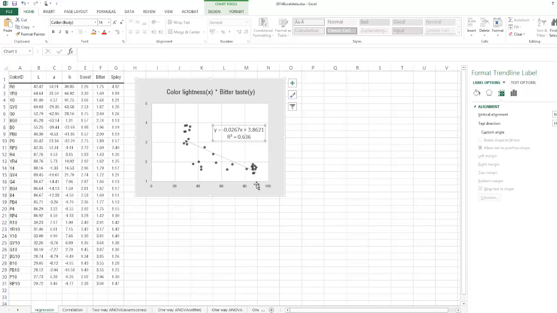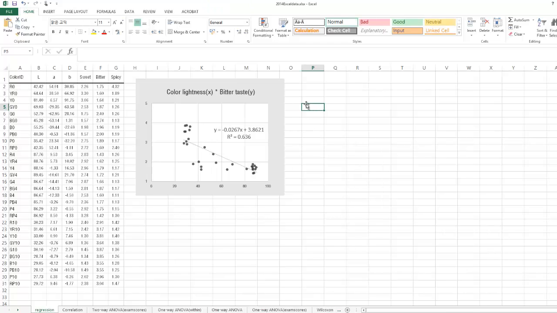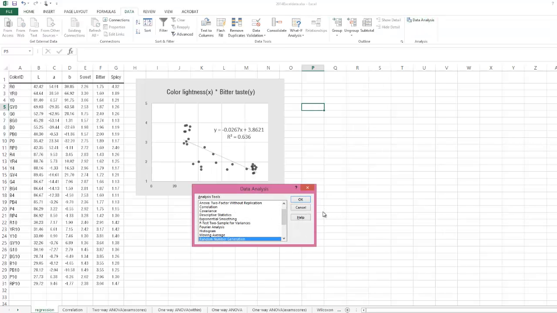Therefore, based on this result, we can conclude that this trend line or this regression line has the ability of explaining approximately 64% of the data spread. In addition, we of course can perform regression analysis in Excel by clicking data analysis and regression.